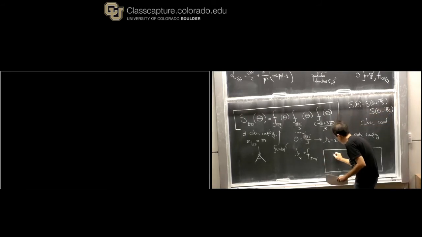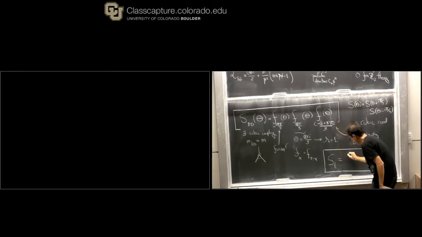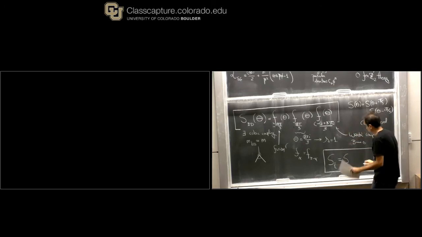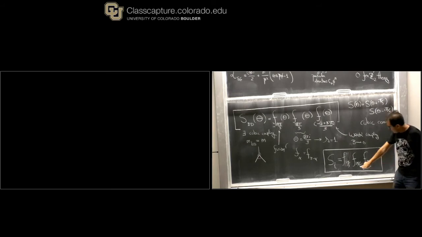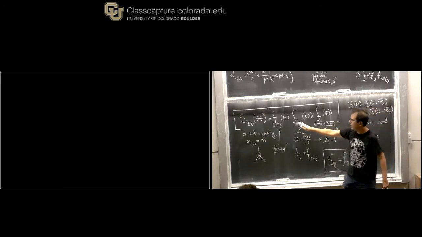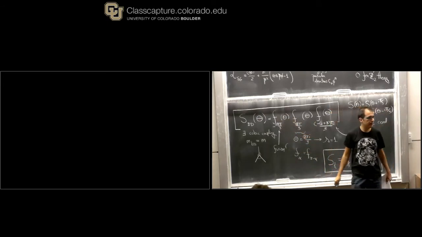This is S, and let me put H as an index, which is equal to F of 2 pi over 3, F of 2 pi over 5, and F of pi over 15. Once I fix these two values, this one is fixed because I need fusion to work. So once I fix this guy here, then this one was forced upon me.